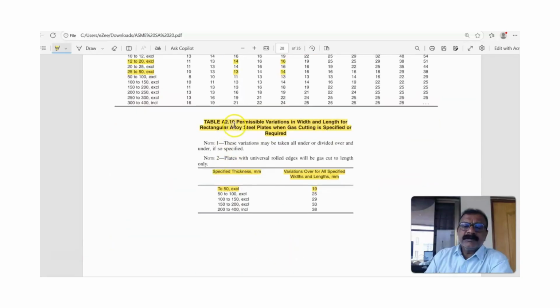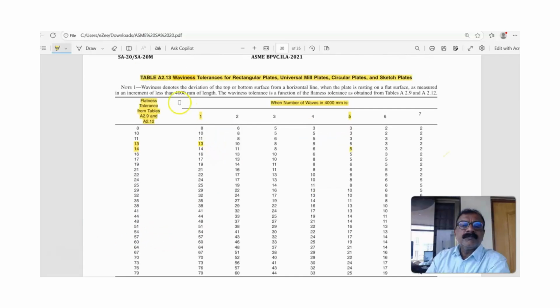So the next table is A2.10, permissible variation in width and length for the rectangular alloy steel plates when gas cutting is specified or required. This is self-explanatory, very easy. The next table is A2.13. This is the waviness tolerance of the rectangular plate or universal mill plates or circular plates and sketch plates.